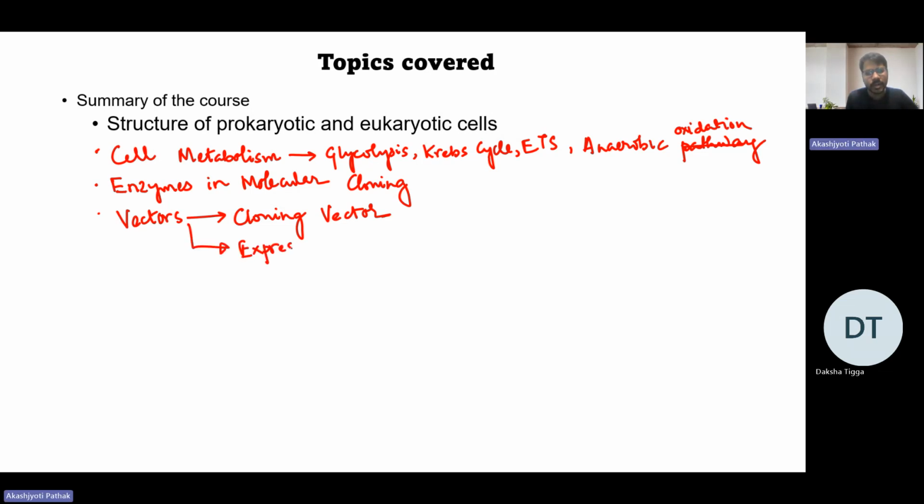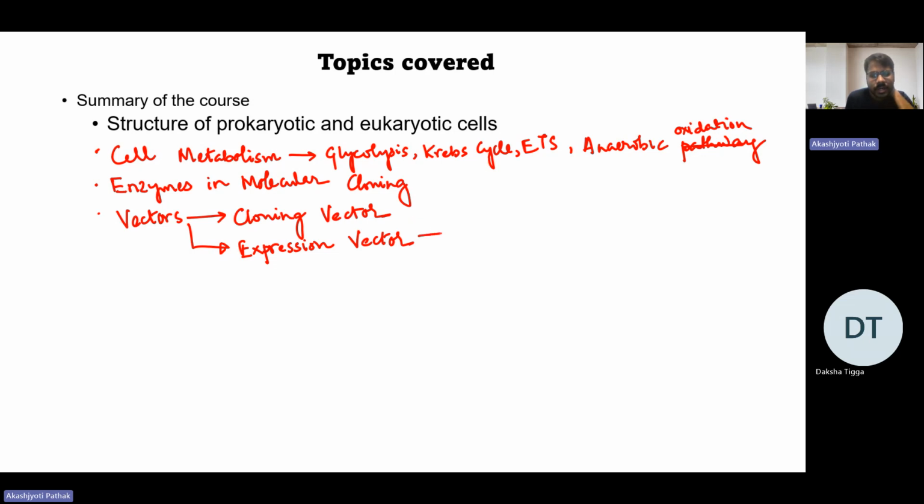So how does an expression vector differ from a cloning vector? Both these vectors will have an origin of replication. They will have multiple cloning sites. Both these vectors will have selectable markers.